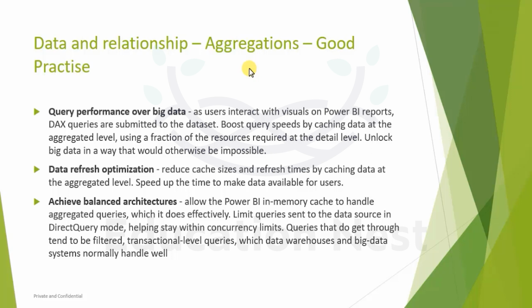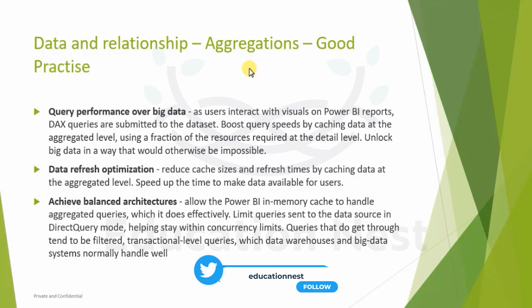Achieve balanced architectures. Allow the Power BI in-memory cache to handle aggregated queries, which it does effectively. Limit queries sent to the data source in direct query mode, helping stay within concurrency limits. So there are certain concurrency limits which do not permit too many direct queries to be executed at once, in the interest of denial of service and security.